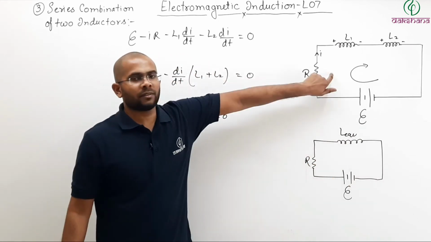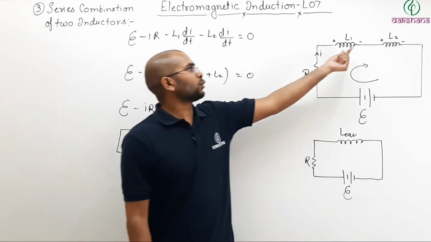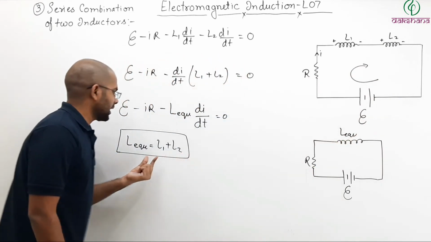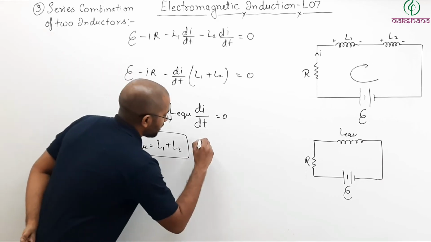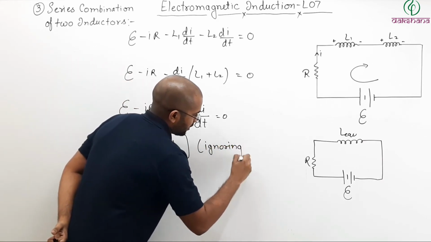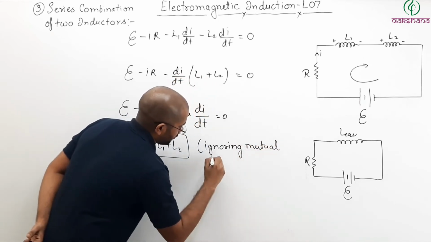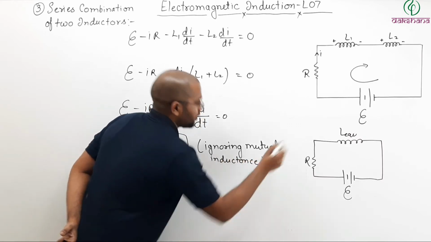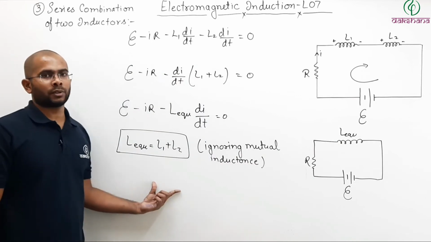So there is no difference between this circuit and this circuit. So I have replaced two inductors by an equivalent inductor. L equivalent may be written as L1 plus L2. Now remember, here we are ignoring mutual inductance of these two inductors on each other. Pause the video, note it down.